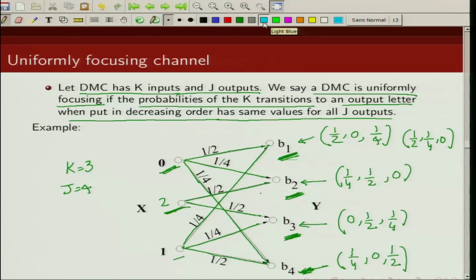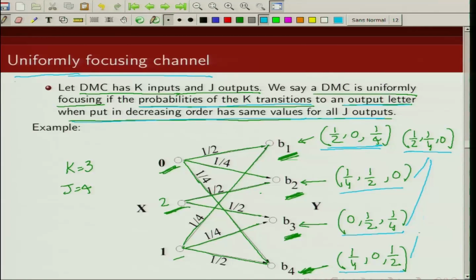So note that the probabilities of all these k transitions to any output letter, when put in decreasing order, if they have the same values for all j outputs, then it is a uniformly focusing channel. In this case, if I put this in descending order I get this, and the same for each of the others.